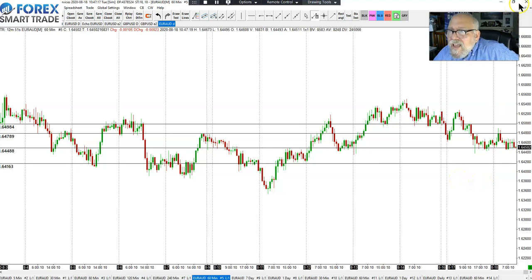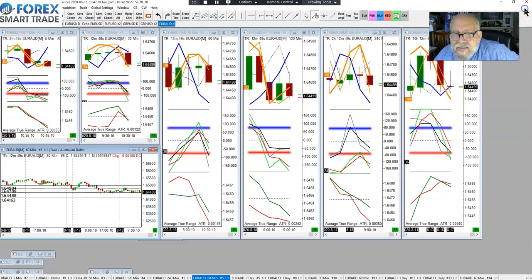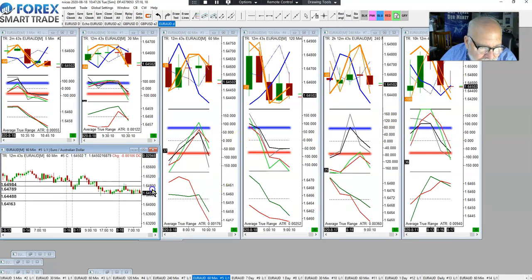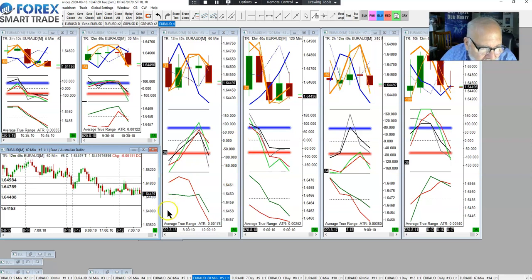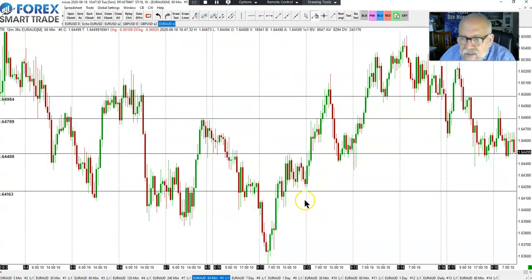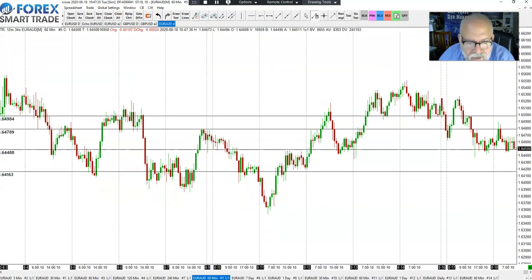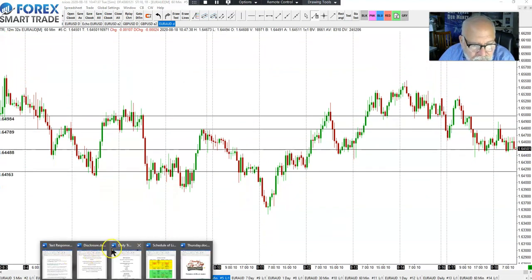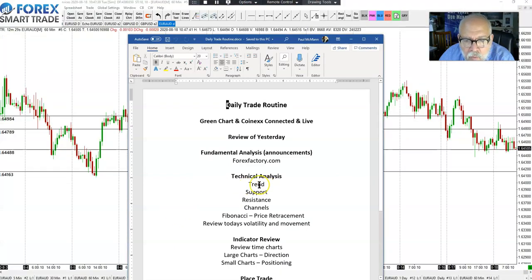We could take it as a pending sell stop. Let's take a look at what the signal is. Going back to my trade routine, what's the trend?